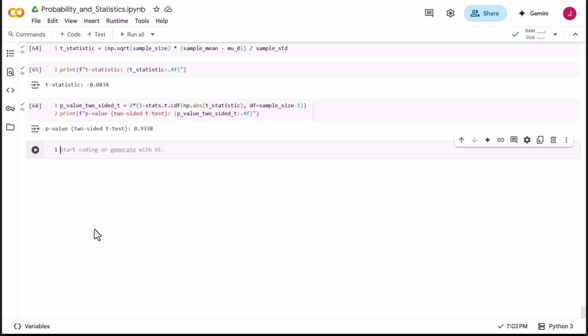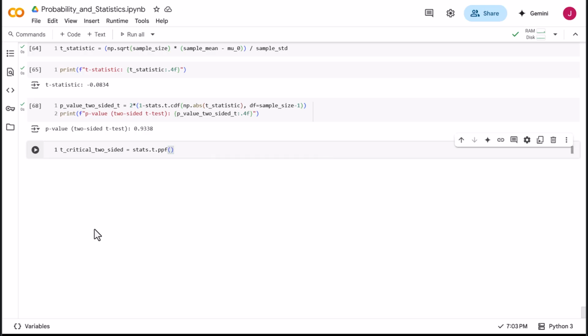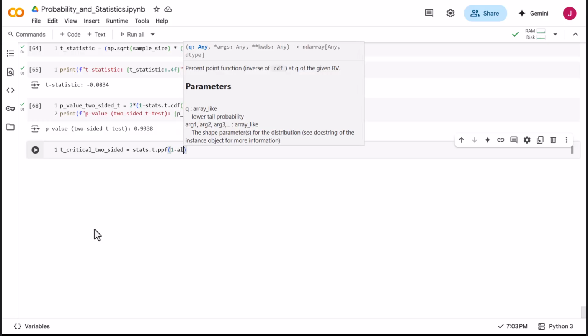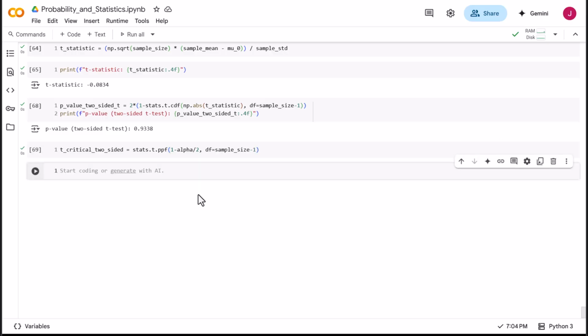And we can find the critical values as well. So t underscore critical underscore two-sided is equal to stats dot, this time ppf, with 1 minus alpha divided by 2, and degrees of freedom equal to sample size minus 1. Then we can print it.